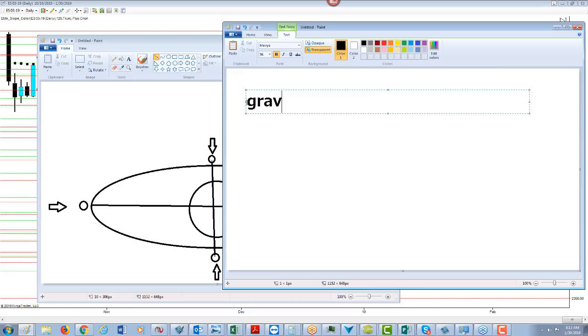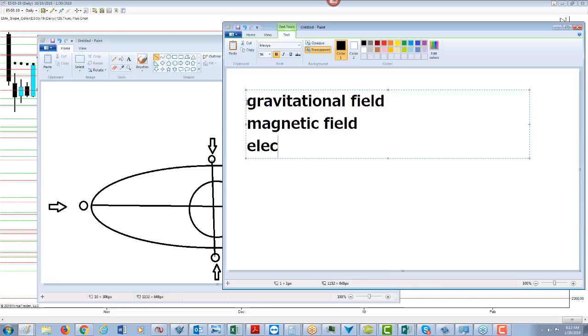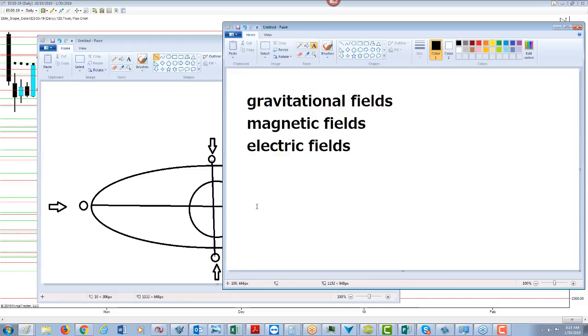You have gravitational field, you have magnetic field, and you have electric field. So these three things, Sarah, are measurable. They are quite real. They also have a pronounced effect on human psychology.